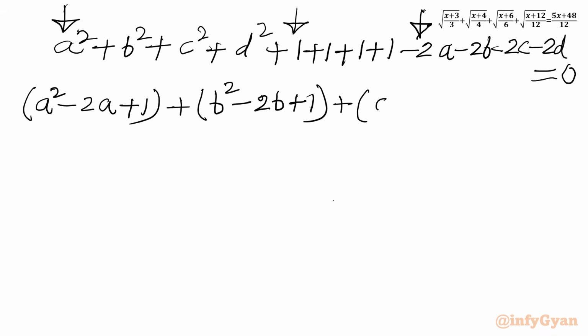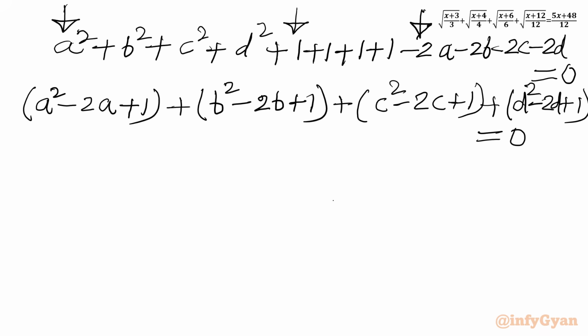In the third bracket, c square minus 2c plus 1. In the fourth bracket, d square minus 2d plus 1 equal to 0. So this is (a minus 1) whole square, (b minus 1) whole square, (c minus 1) whole square, and (d minus 1) whole square.